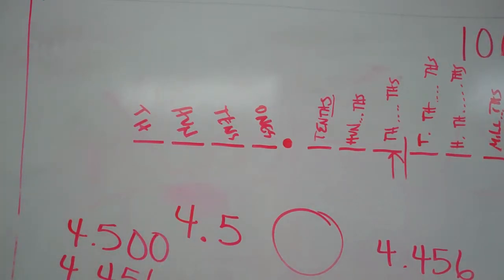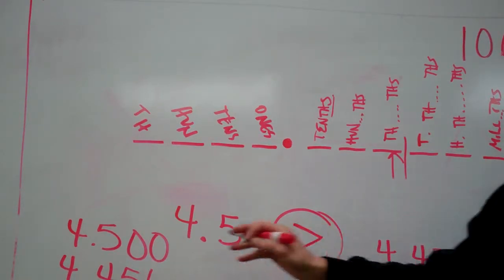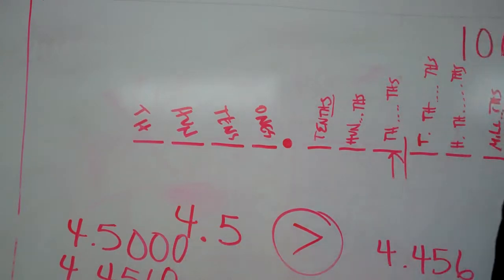Now, can you easily see which one is bigger? 4.5 is bigger. Even though this one had more numbers, the value is different, because remember I could add another 0 to each of those. Doesn't matter.